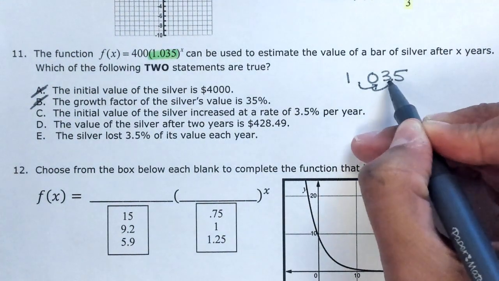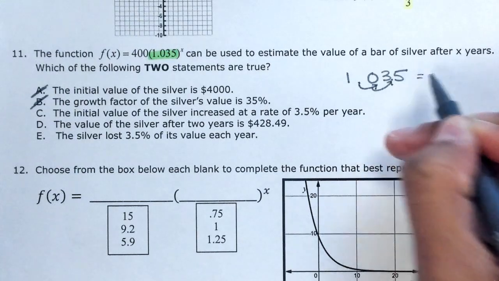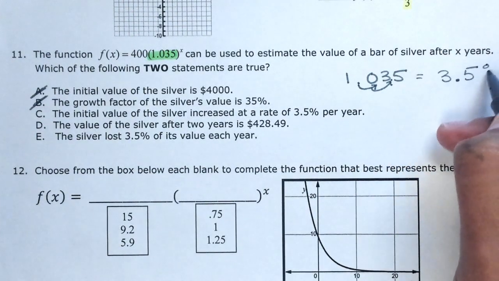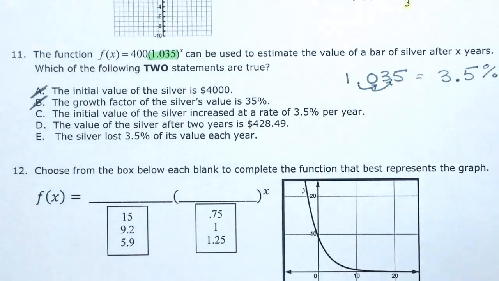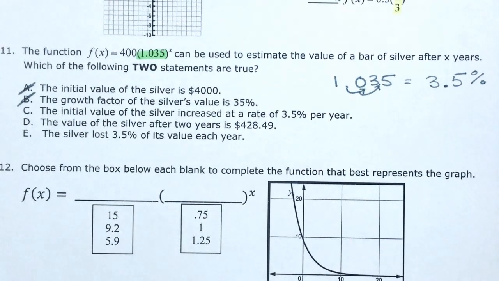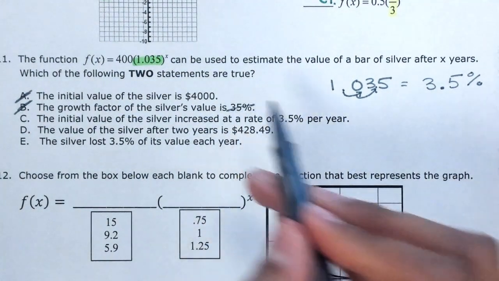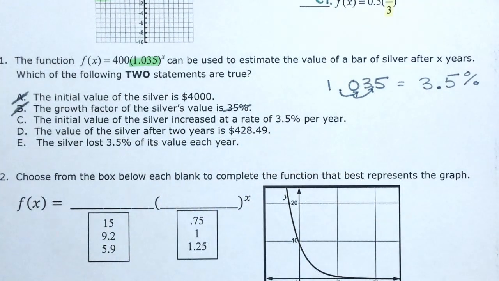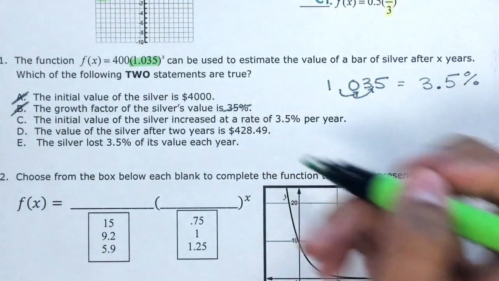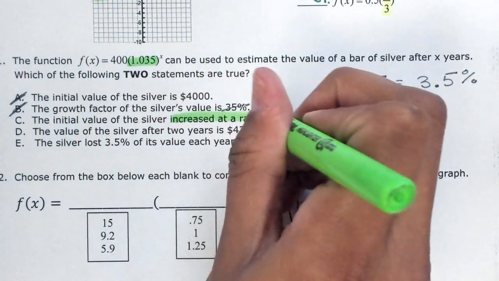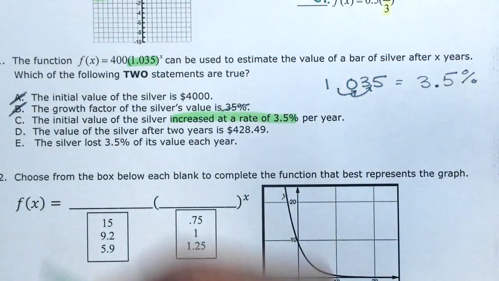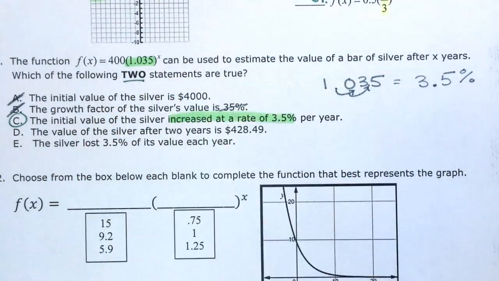When I move it forward, I'm left with 3.5. This is changing it back into a percent. So it was not increasing by 35%. It increased at a rate of 3.5%. So C is actually the correct one. But remember, we're picking 2 true statements.